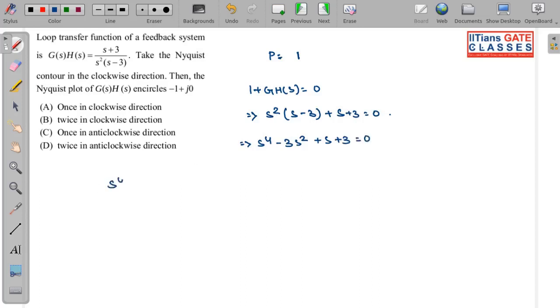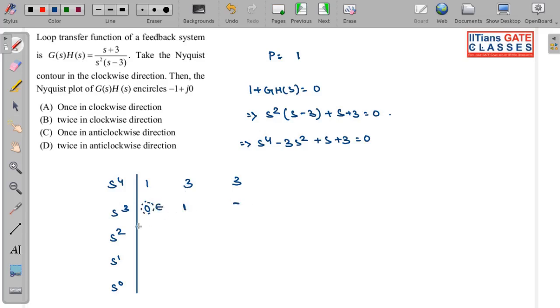Let us make the Routh table. So this will be 1, −3, 3, and over here we will have 0, and this will be plus 1, and we don't have anything over here. So now let us consider this as epsilon.